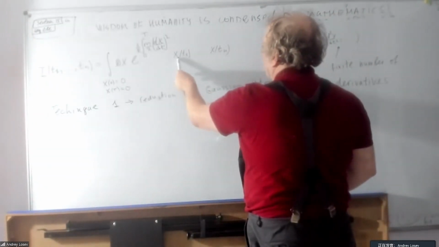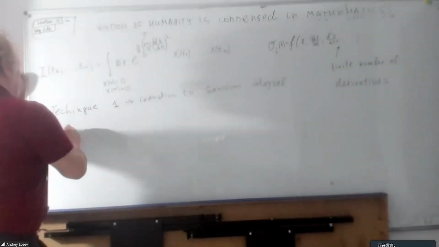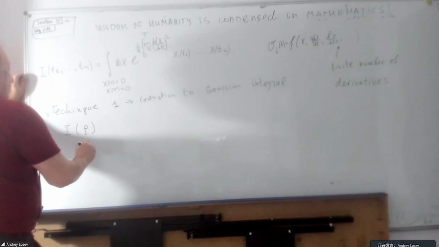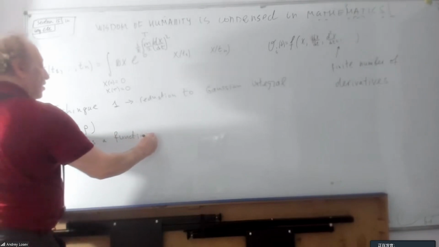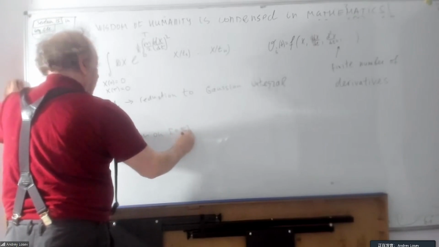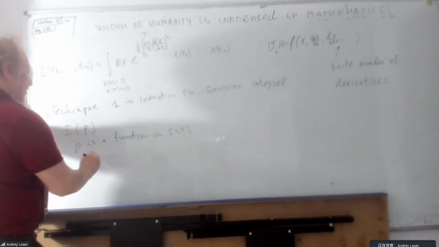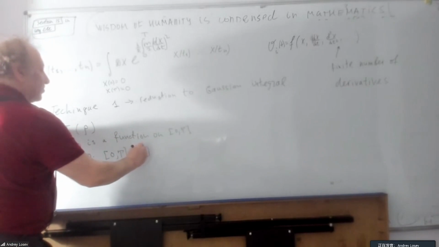Let us study, instead of this object, I that depends on rho, where rho is a function on this interval. So rho is a map from 0t to real numbers.